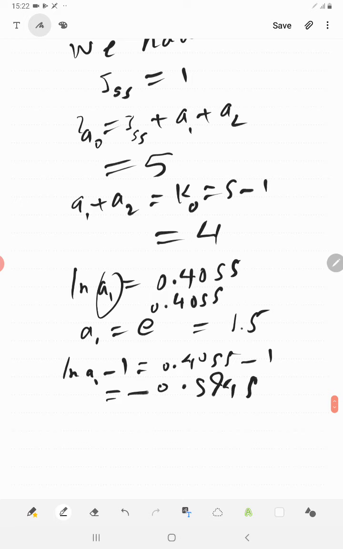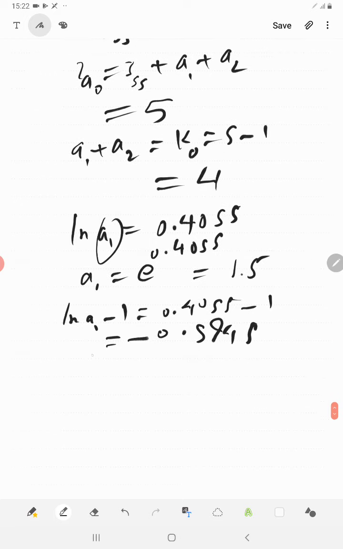From that, if you sketch it on the curve, this will lead to the transient time constant equal to 0.4 seconds.